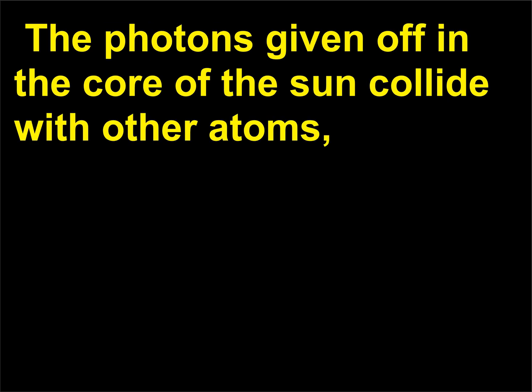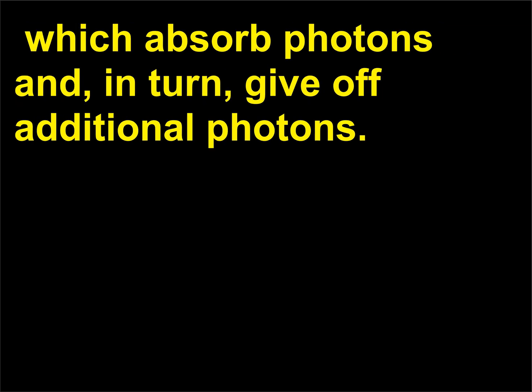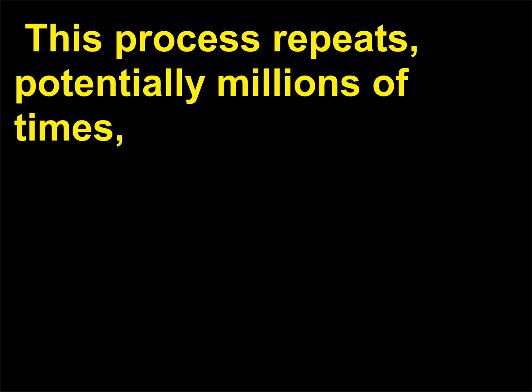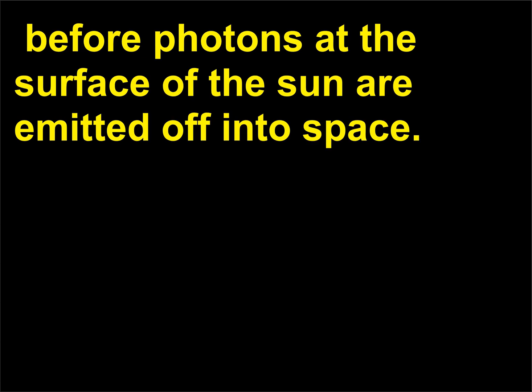The photons given off in the core of the sun collide with other atoms, which absorb photons and, in turn, give off additional photons. This process repeats, potentially millions of times, before photons at the surface of the sun are emitted off into space.